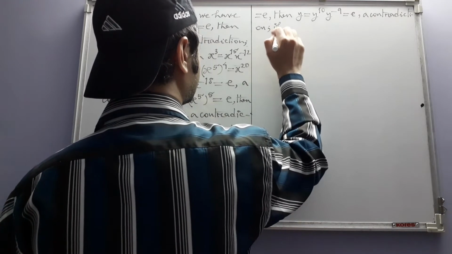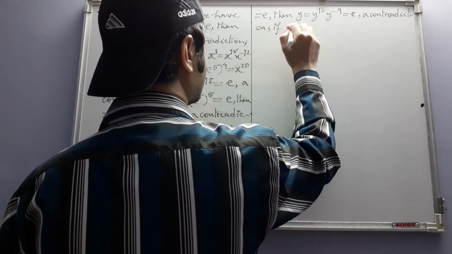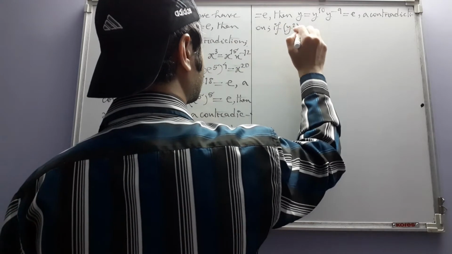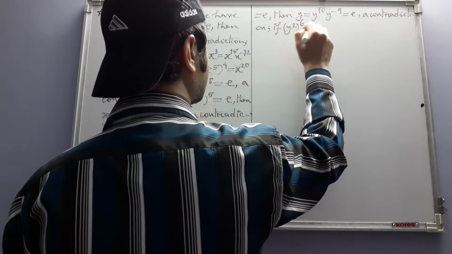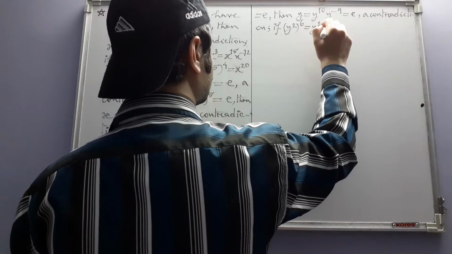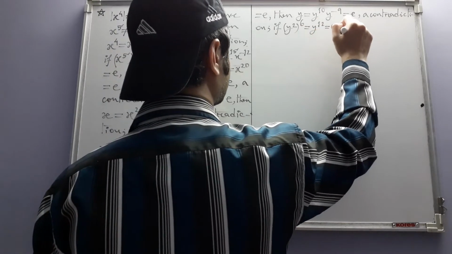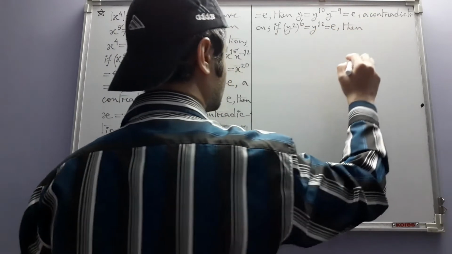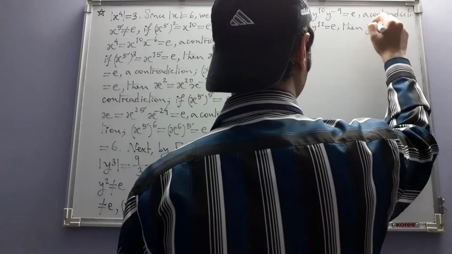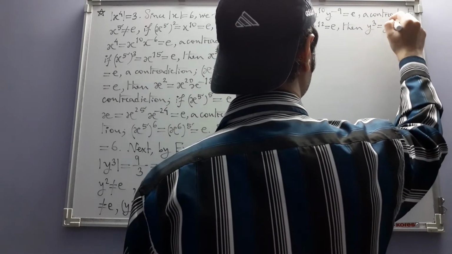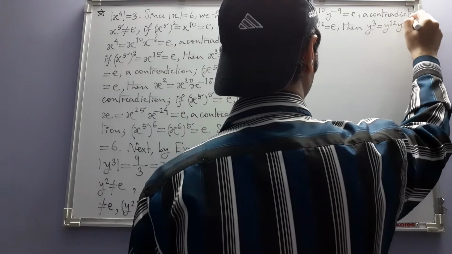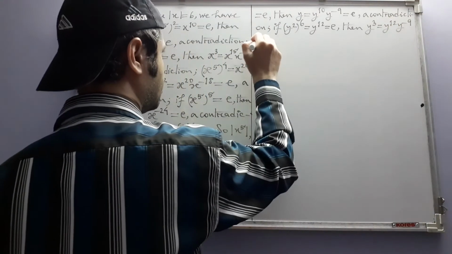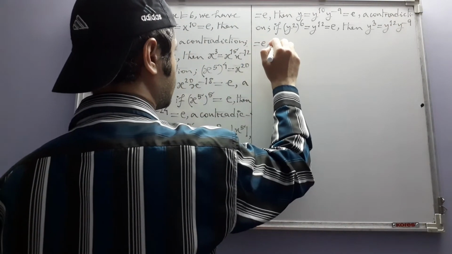If this, then y cubed, which is y to the power 12 times y to the power minus 9, is identity, again a contradiction.